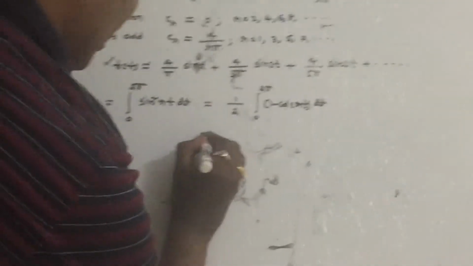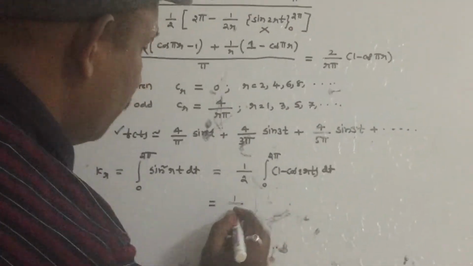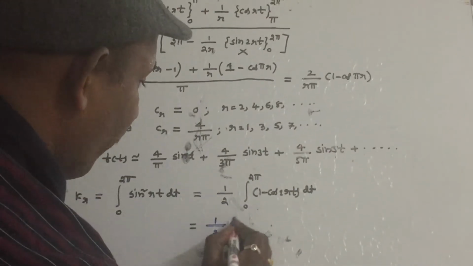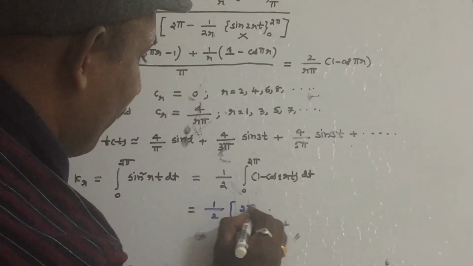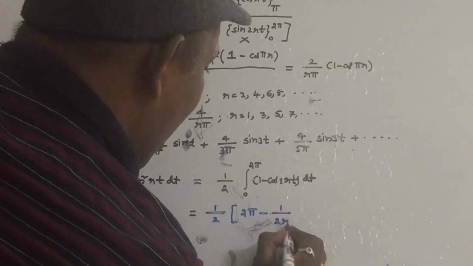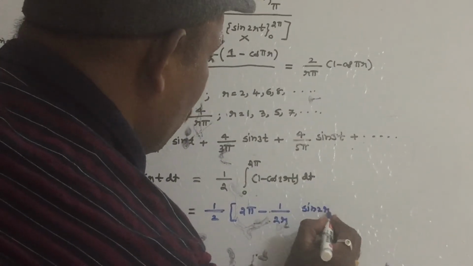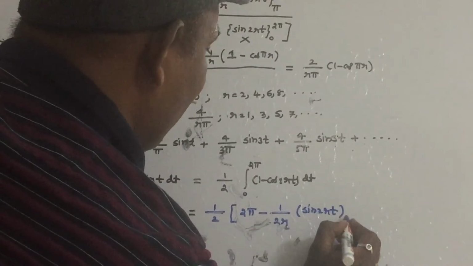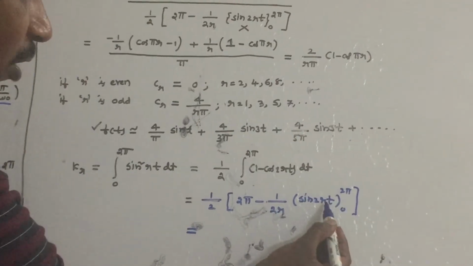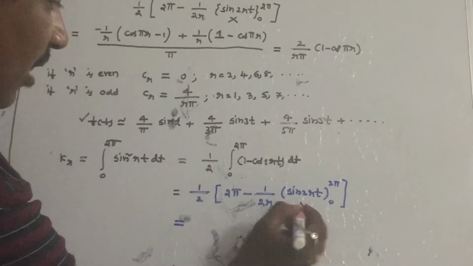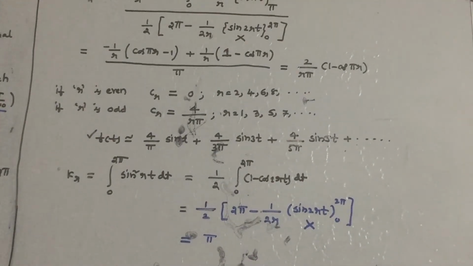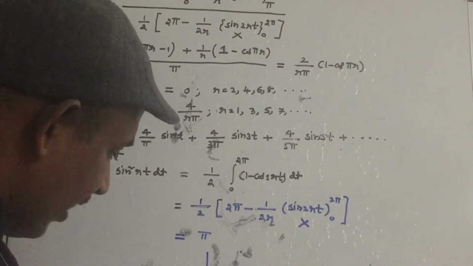So therefore, if you separate these terms, 1 by 2, the first integration answer is 2 pi, the second integration answer is 1 by 2r into sine 2rt, the limits are 0 to 2 pi. You can check that sine 4 pi r is 0, sine 0 is 0, so therefore this term cancels out, and the value of this integral is pi. So now we have got all the values, just to find out.